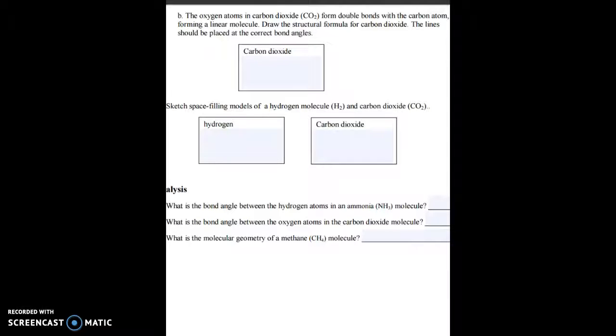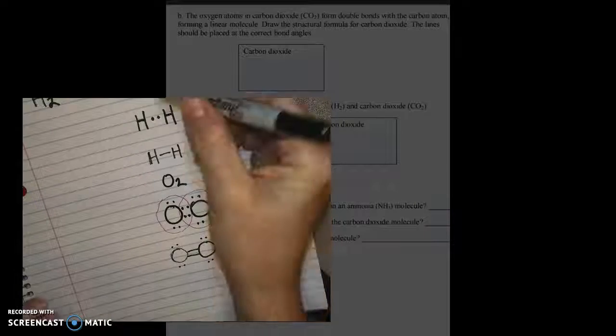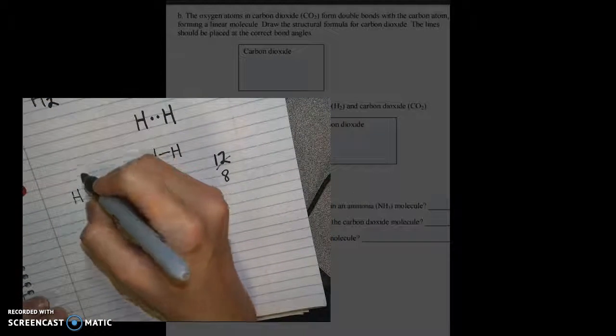One of the methods that sometimes works is imagining that around any kind of atom, you've got a sphere around it, right?